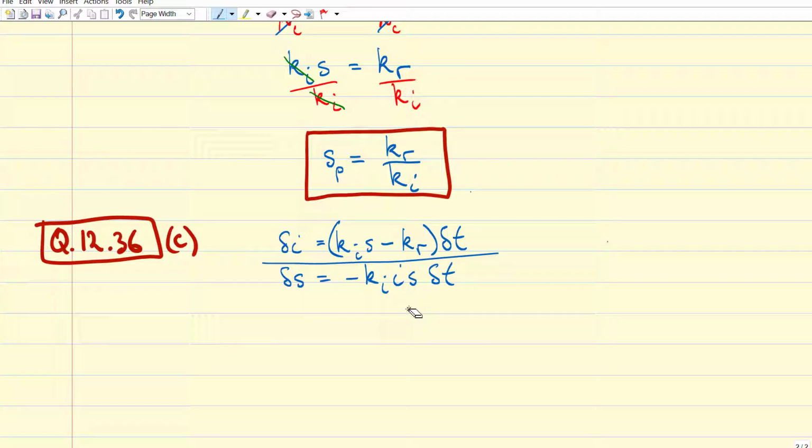Alright. And we don't literally mean do that. We mean divide one side of the equation by the other, right?